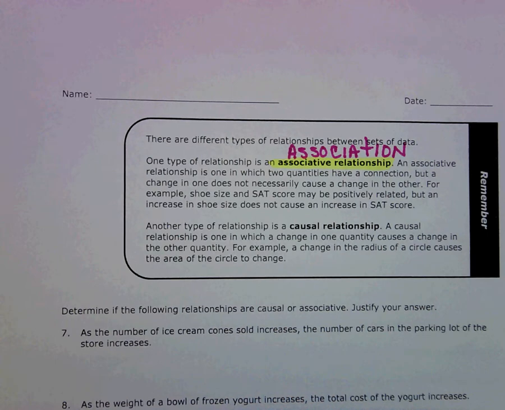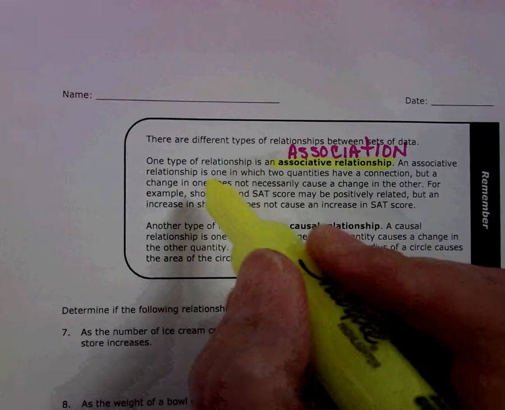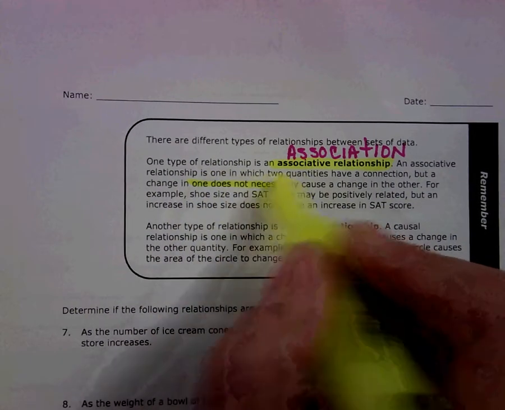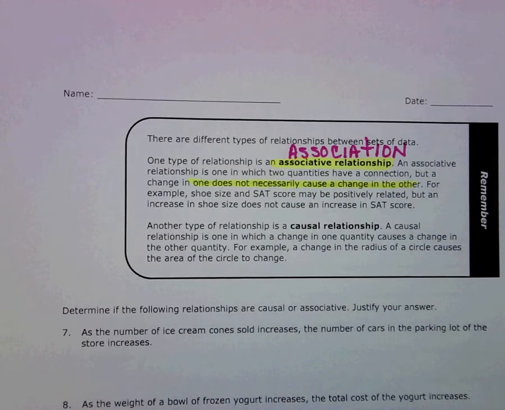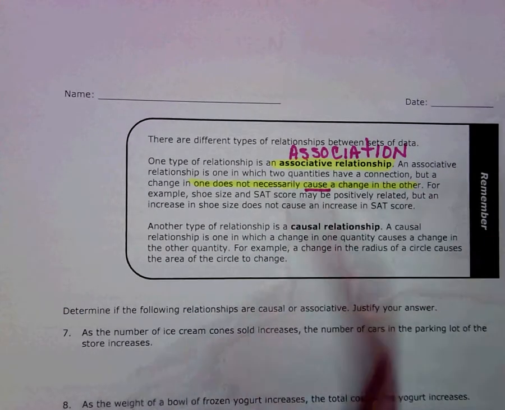If we were to collect data and graph it, it would show that as one thing is increasing, the other is increasing. Or it would show as one increases, the other decreases. It would show a relationship. But the key thing here is that in an associative relationship, one does not necessarily cause the other. And the key word there is cause.